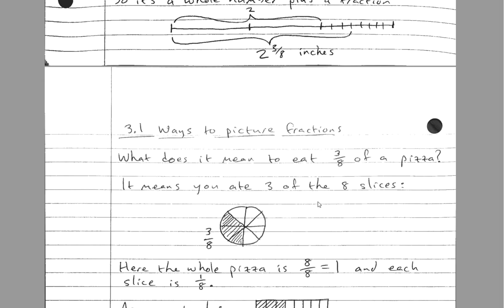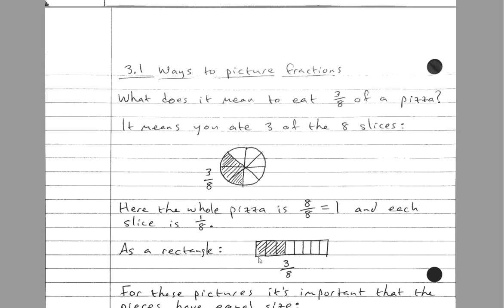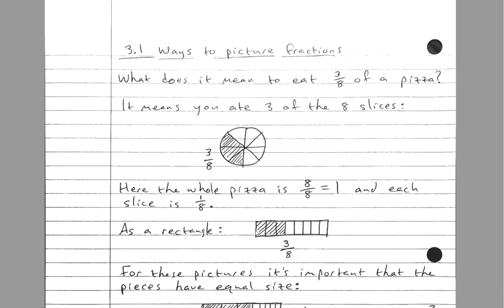So you can draw 3/8 like this. You can use any shape. The point is you want to be able to cut the shape up into 8 equal pieces and then shade in 3 of them. For this rectangle, I've divided it up into 8 equal smaller rectangles, and shading in 3 of those, we get 3/8.